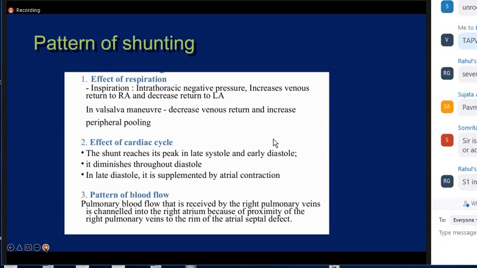Throughout the rest of diastole, there will be diminished shunt, because you all know that there is a first rapid filling phase, and after that you have continuous flow of blood from the atria to the ventricles. In late diastole, again there is an atrial kick, so you have a shunt from the left atrium to the right atrium.